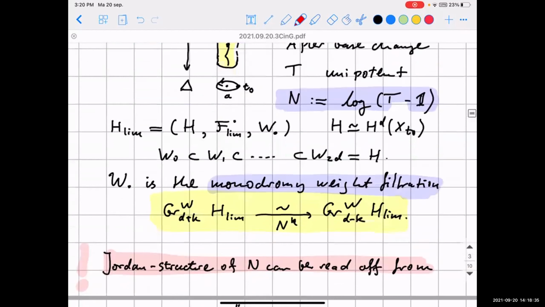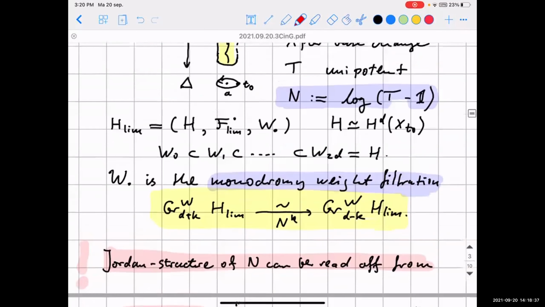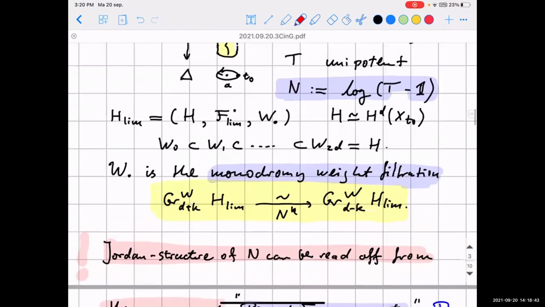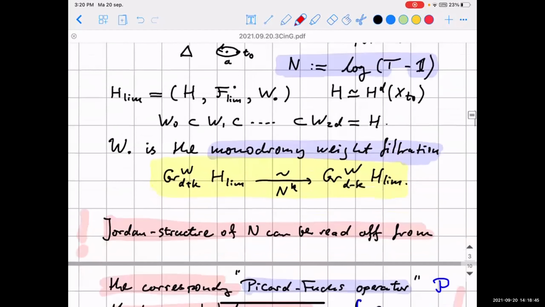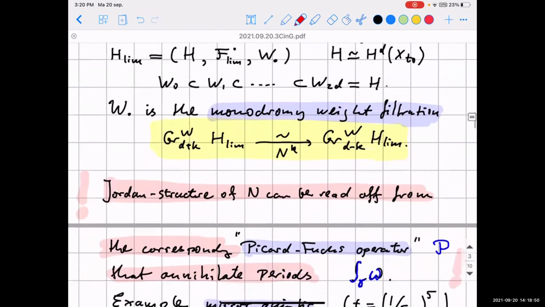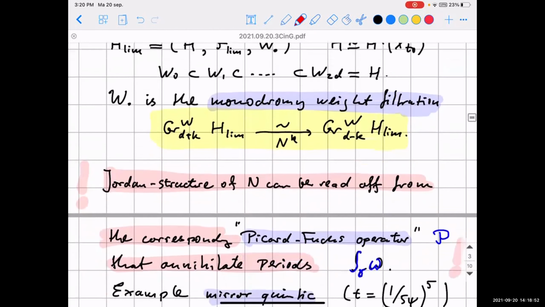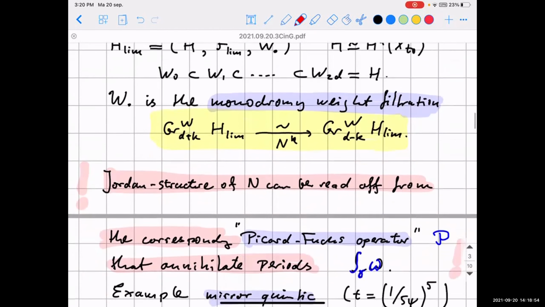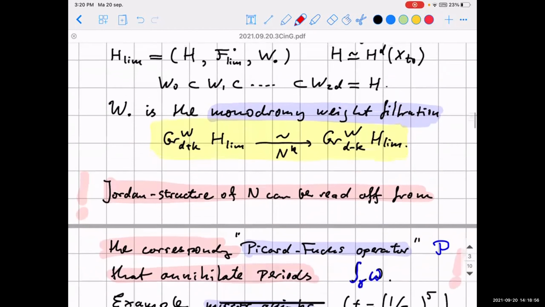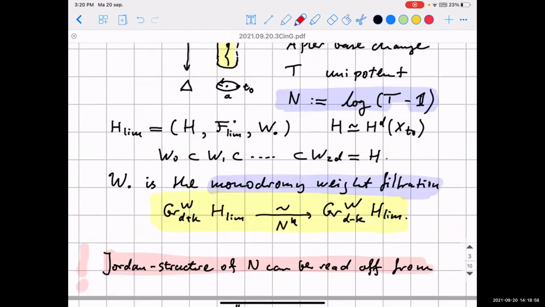And now there is a fortunate fact that in practical situations where one can calculate things, we can obtain the Jordan structure of this map N from the corresponding Picard-Fuchs operator. So we know this Hodge structure can be described in terms of period integrals of this family.